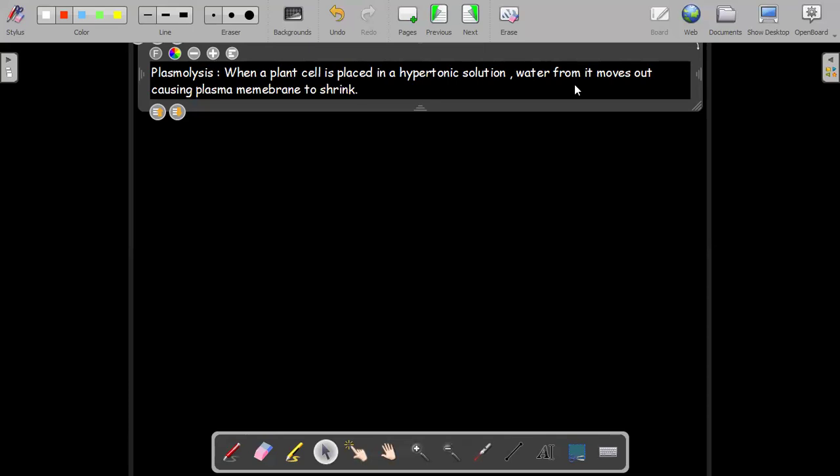When a plant cell is placed in a hypertonic solution, water from it moves out, causing the plasma membrane to shrink. So your plasma membrane shrinks over here. This process is called plasmolysis. So I'll show you plasmolyzed cells.